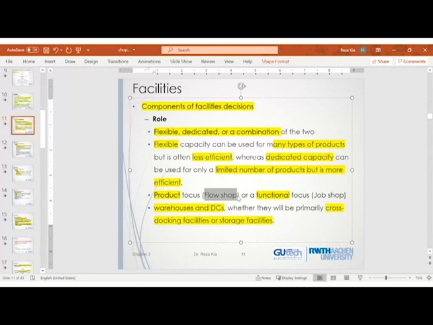And also for your warehouse and DC, is it going to be a cross-dock facility, or a regular or ordinary warehouse? As you have studied in the logistics management course, in a cross-dock warehouse or DC you are receiving products from suppliers without storing them for a long time.